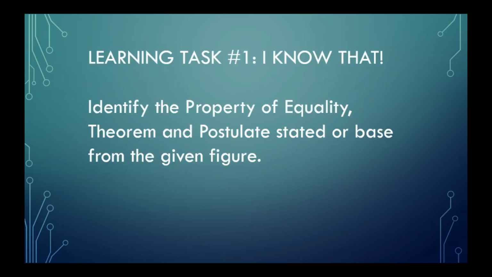Okay, so before we start the lesson, let us have our learning task number 1, entitled "I know that." We are going to identify the property of equality, the theorem, and postulate stated or based from the given figure. So let us have your learning task number 1.